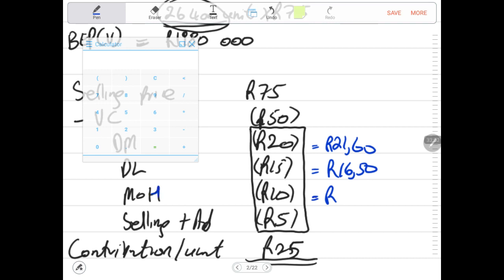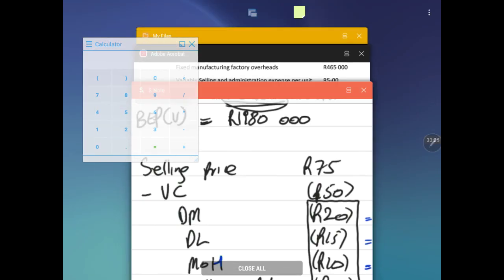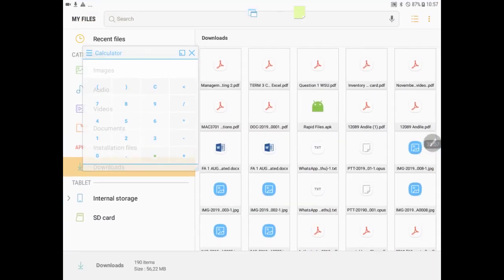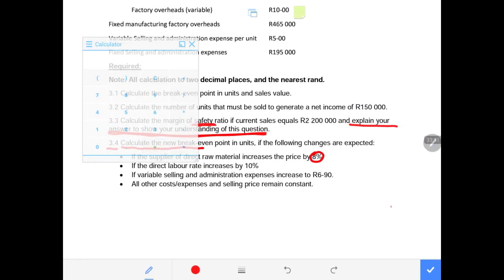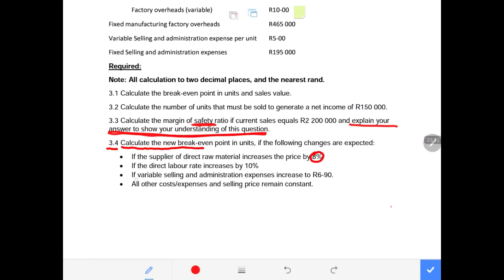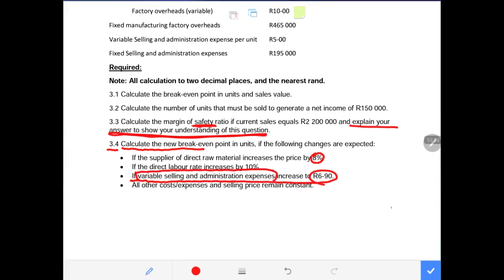The manufacturing overhead, we don't know if there is any change or not. Let's listen to the question and see what it tells us about the manufacturing overheads. It is telling us that variable selling and administration expenses increase to 6.90 Rand, so they are telling us about the variable selling and admin cost, not the variable manufacturing overheads.